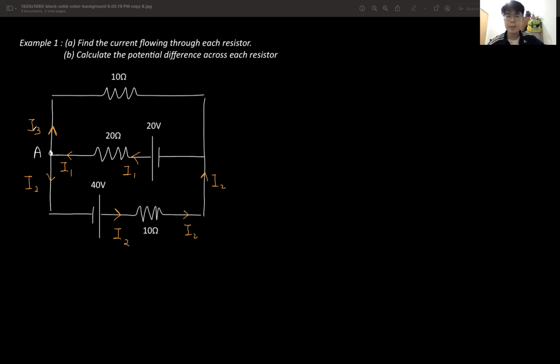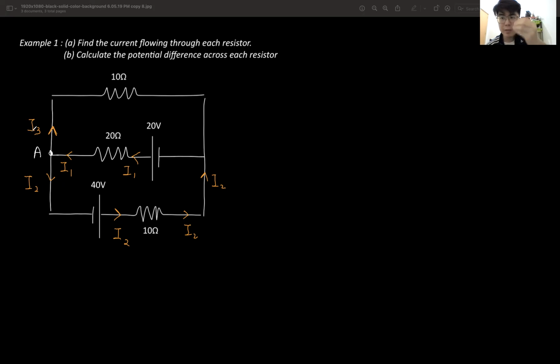Now at first, you might get the current direction wrong, but that is okay. Because if the answer is not the direction you label, that means you will get a negative value for the answer. For example, if you label I3 is upward, and then when you do the calculation, you got a negative number.